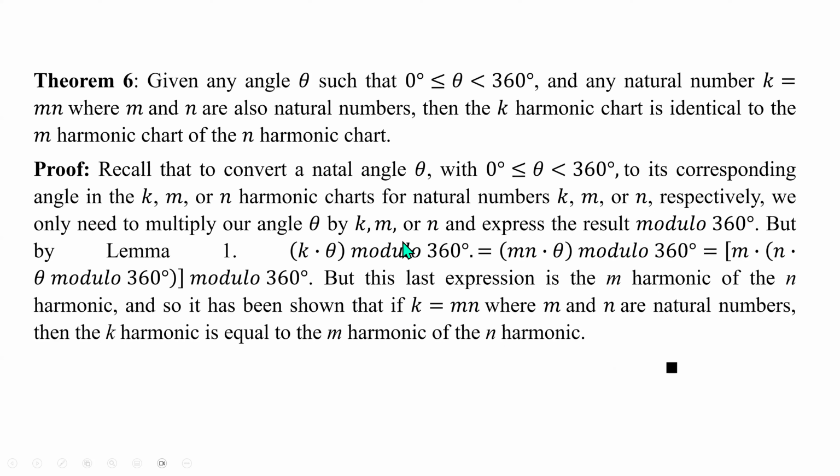Just multiply it by k, reduce the result modulo 360. But here we showed you can do it in stages. You could first convert theta to the n harmonic. That's what this expression in parentheses does. And then you convert that result to the m harmonic. That's what the rest of it does. Okay, so we proved the theorem.